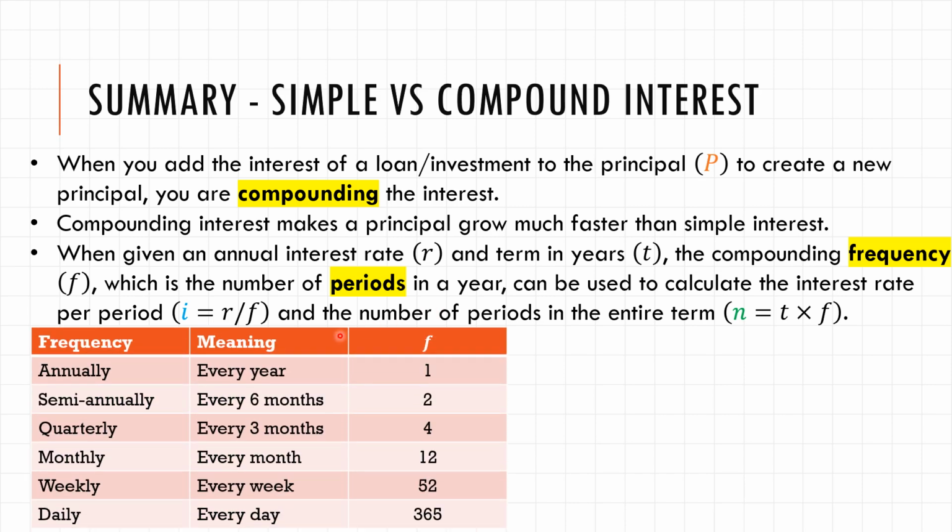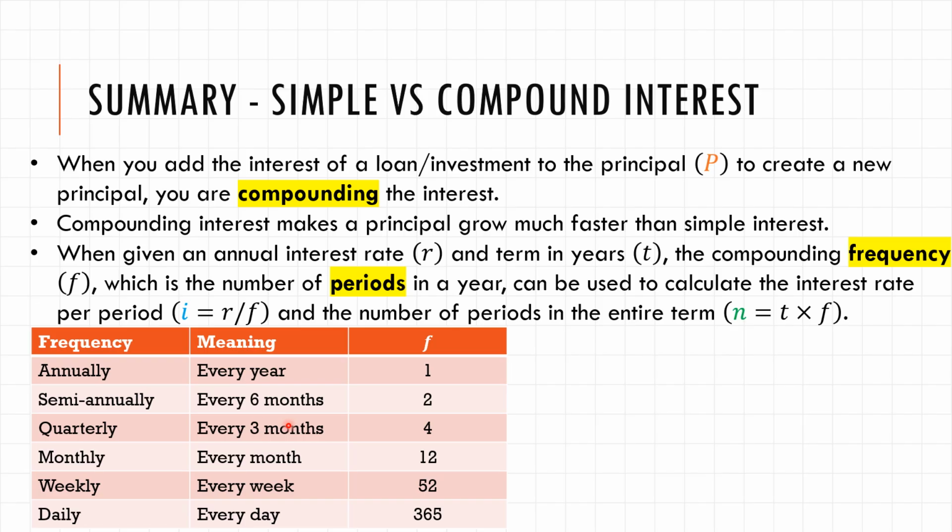So for example, if it compounds annually, that means it compounds every single year. So the frequency is 1 period in 1 year. If it's semi-annually, that means it compounds every 6 months, and that means that the frequency is 2. There are 2 periods of 6 months in a year. If it compounds quarterly, it compounds every 3 months.